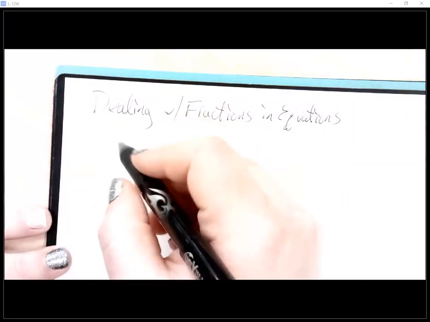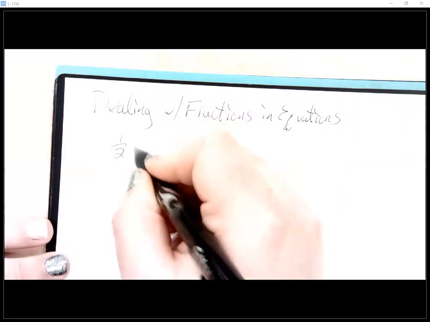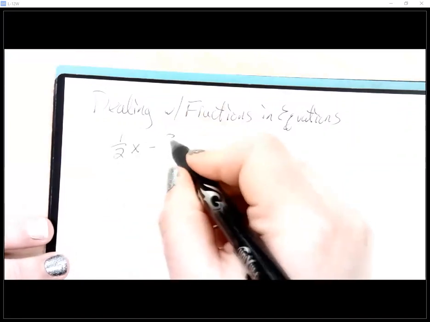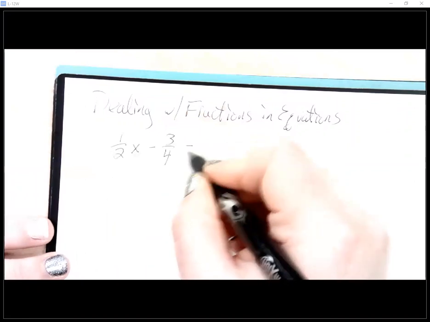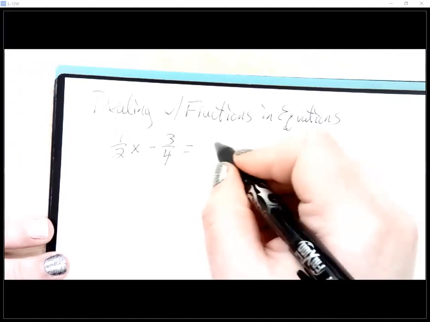Let's try, how about a half x minus 3/4 equals 7/10. I don't know, something like that.